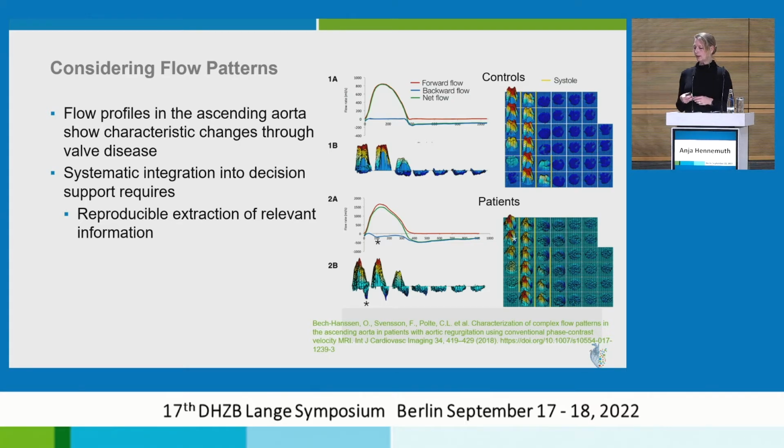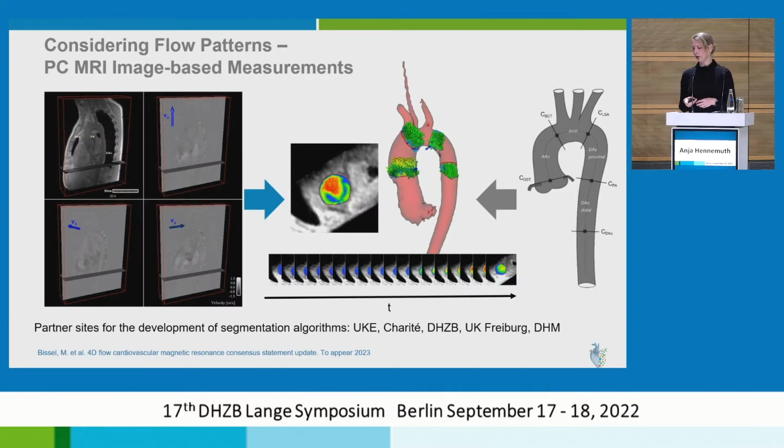And here's an example from some publication from 2018, which nicely shows how the profiles can differ between controls and patients. And one question is here, could we reproducibly extract relevant information to use that in assessment and also in machine learning?